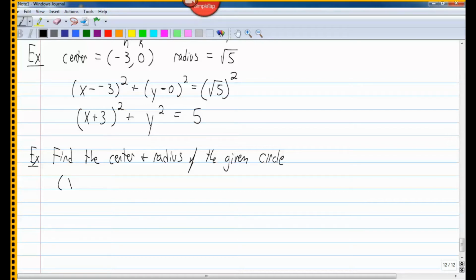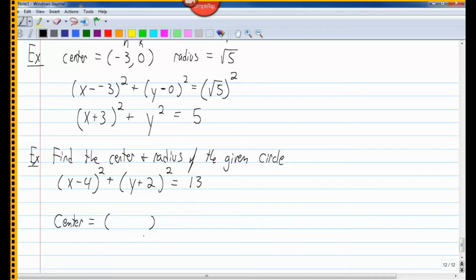Alright, let's say that I had (x - 4) squared plus (y + 2) squared equals 13. Alright, the center of the circle is going to be the point, remember, it's (h, k).